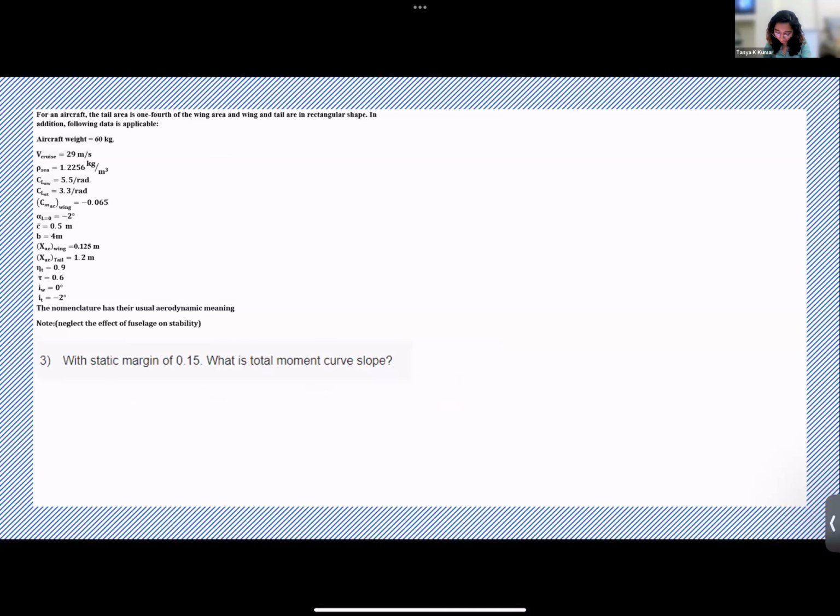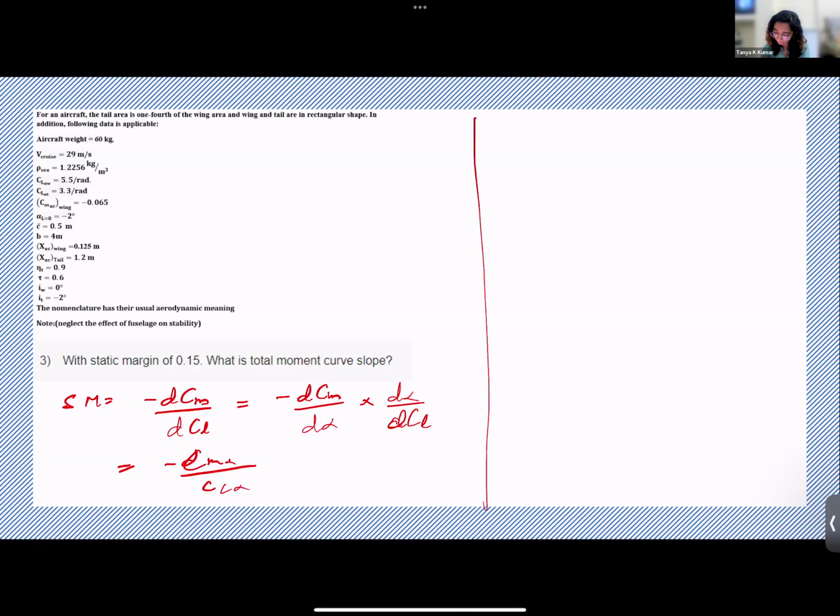Then, with a static margin of 0.15, what is the total moment curve slope? CM alpha they've asked you. We know that static margin is minus dCm by dCl. If you manipulate this a little, again we've done something similar in the last class, it is dCm by d alpha into d alpha by dCl, and then you have minus Cm alpha by Cl alpha, and you are required to find Cm alpha.